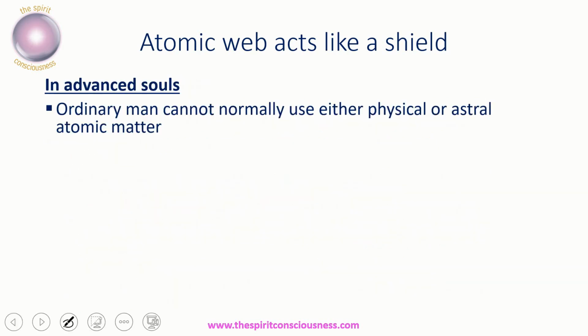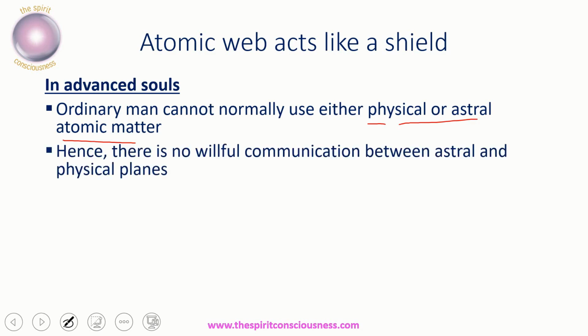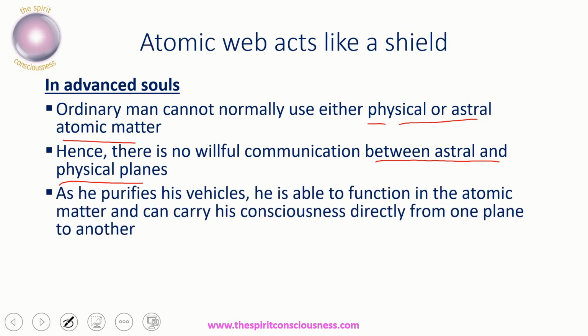An ordinary man cannot normally use either the physical or the astral atomic matter. Hence, there is no willful communication between the astral and physical planes. As he purifies his vehicles, he is able to function in the atomic matter and can carry his consciousness directly from one plane to another.